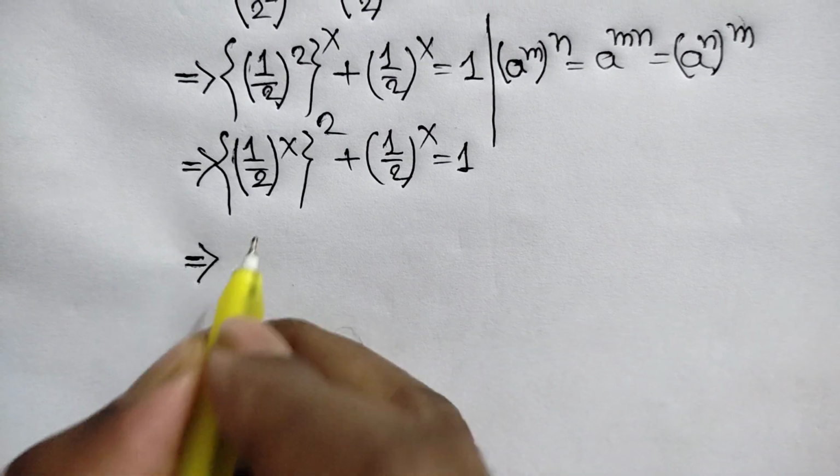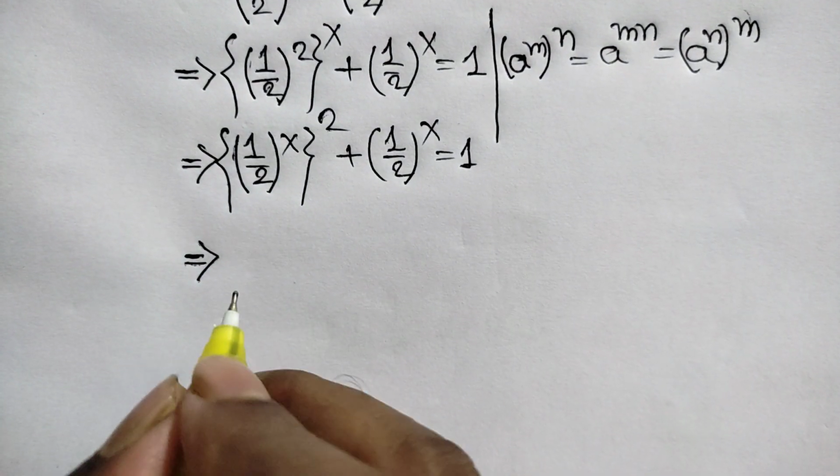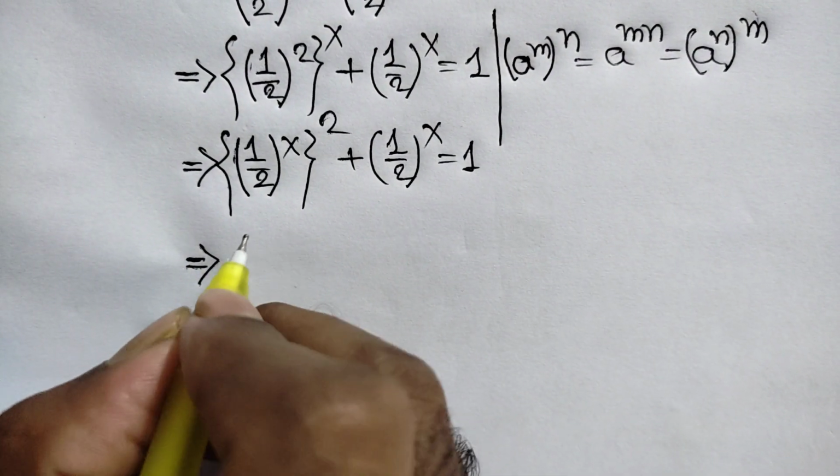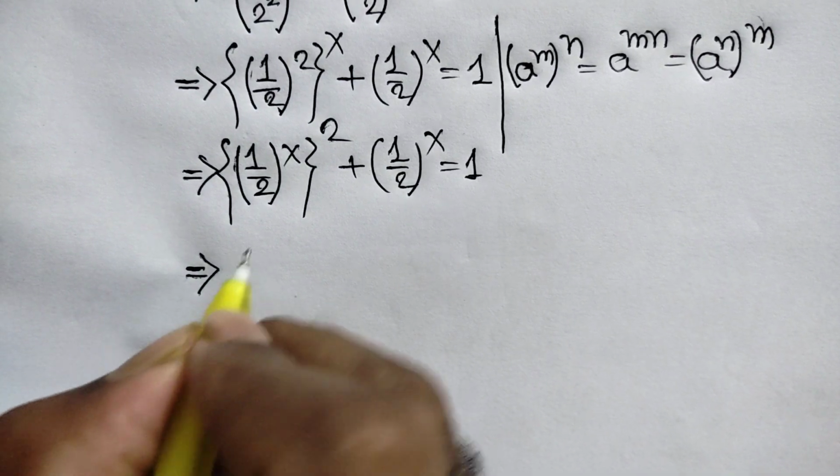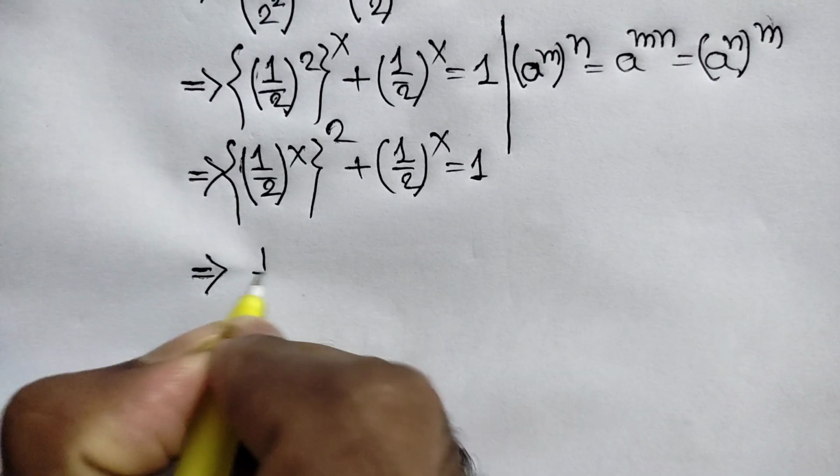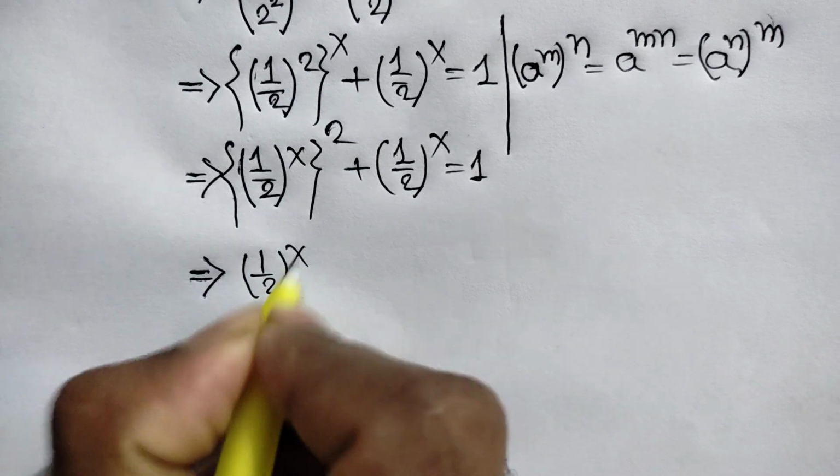So 1 over 2 power x is substituted by y, so we will write 1 over 2 power x is equal to y.